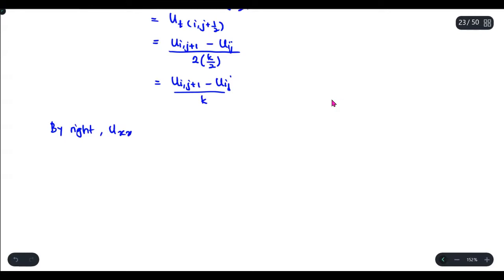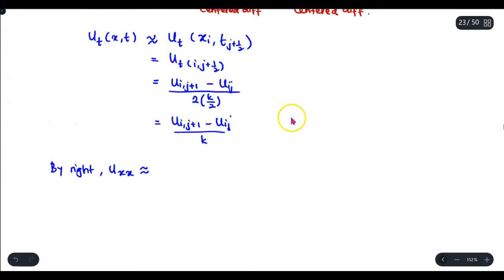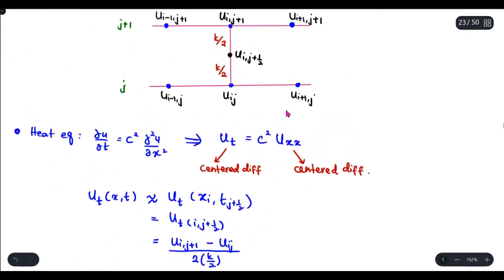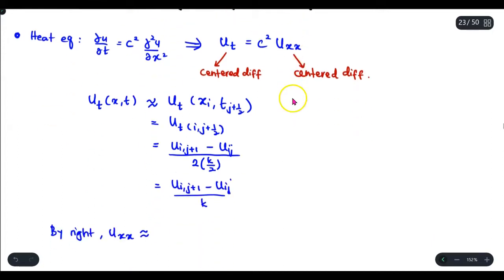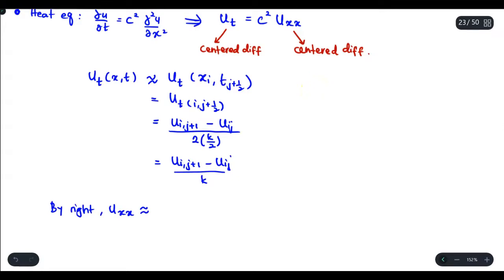So before this, if you can recall the u_xx, if you evaluate at i and j, u_xx is given by u_(i+1,j) minus 2u_(i,j) plus u_(i-1,j) over h squared.